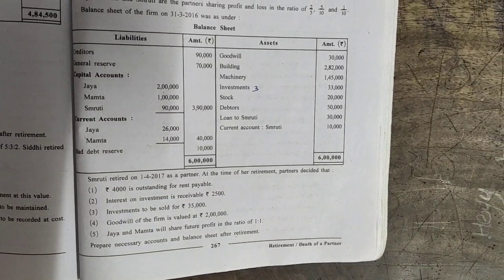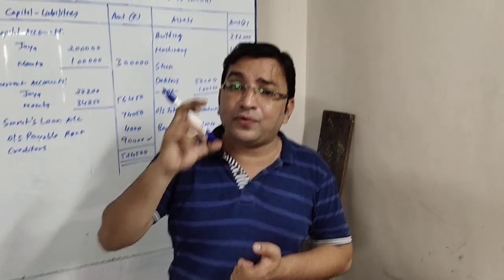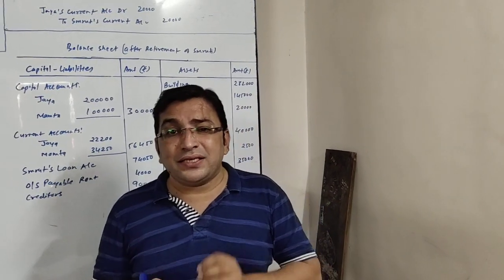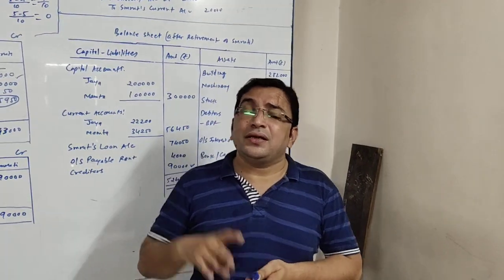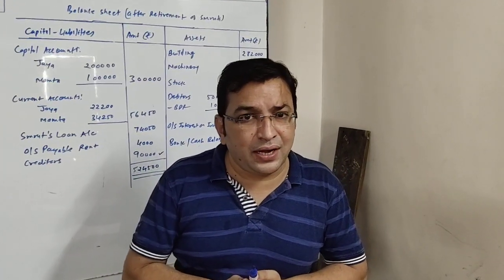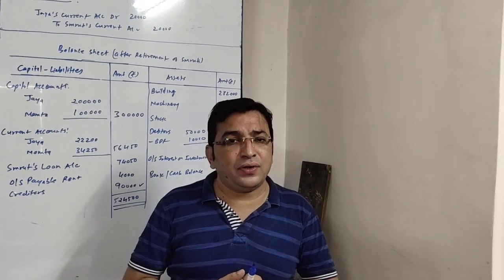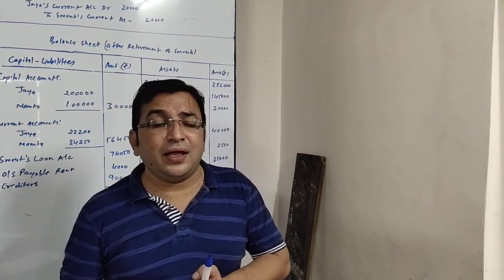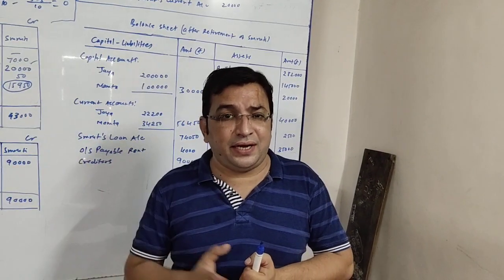Loan to Smruti 30,000. Loan to Smruti is given at the asset side. That means this is a loan given by the firm to the partner. Now, as this partner Smruti is going to retire, his loan will be debited to his current or capital account. Here we are making current account, so this loan will be debited to it. If Smruti is not retiring, then the loan of Smruti will be carried forward in the new balance sheet at the asset side as it is.